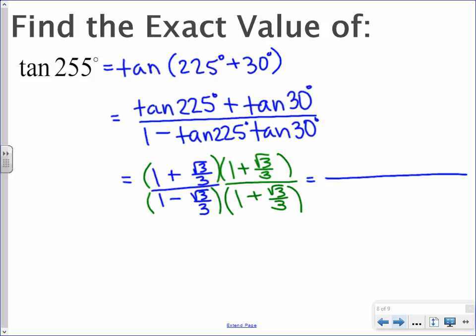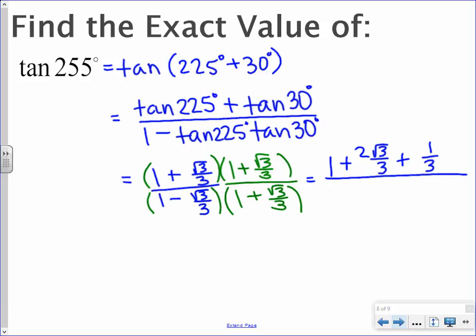All right. So in our numerator we have 1 times 1 plus 1 times radical 3 over 3. Radical 3 over 3 times 1, so that happens twice. I'm going to go ahead and combine those. Plus, what is radical 3 over 3 times radical 3 over 3? That would give us 3/9, which we can reduce to 1/3.